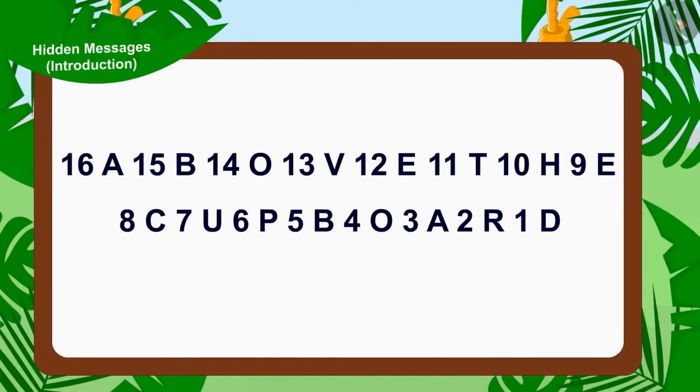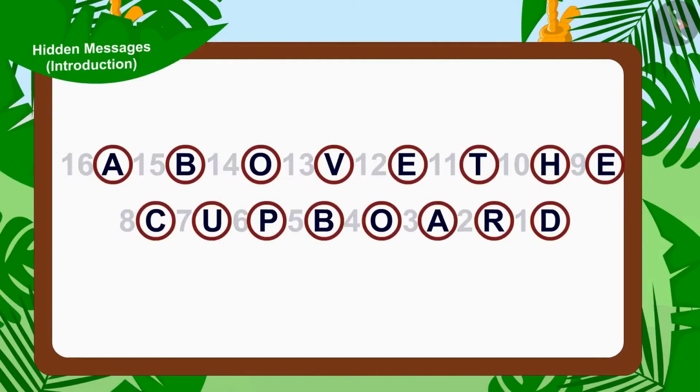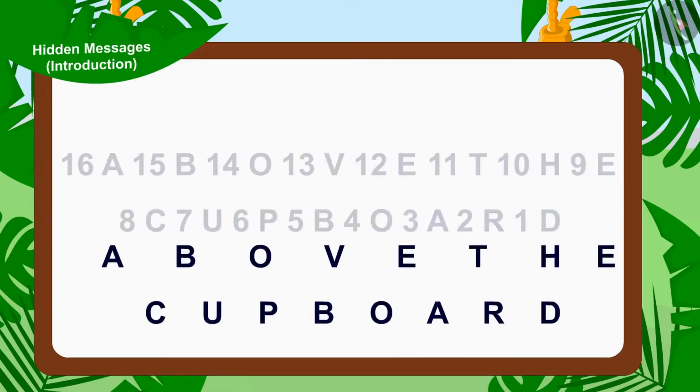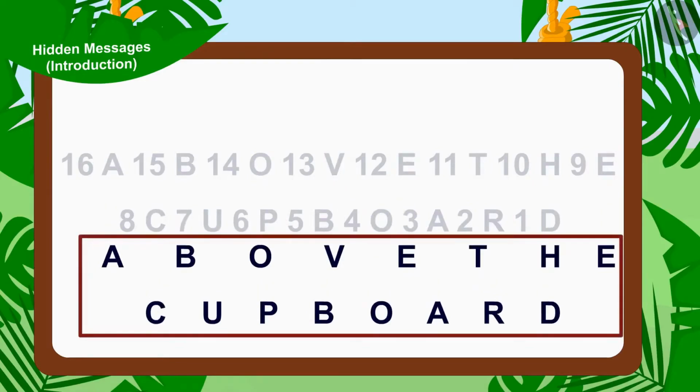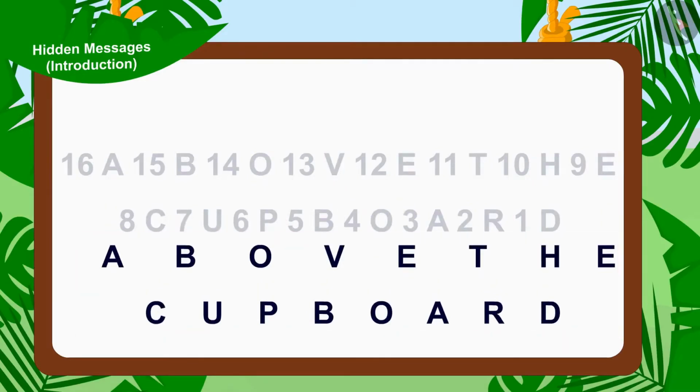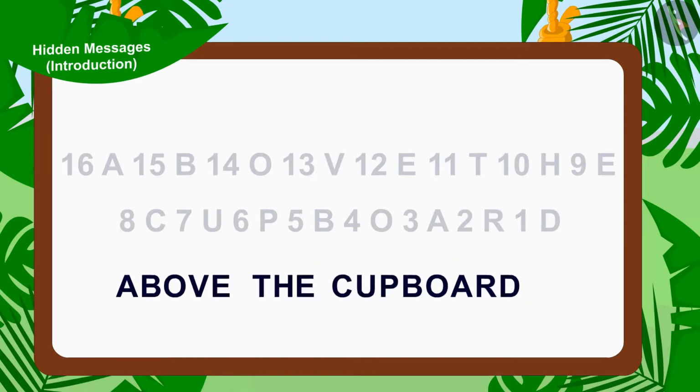Now, let us take a look at the alphabets. If we write the alphabets separately, we will find this written. Now, were you able to find the second hidden message through these alphabets? Yes, the hidden message here is about the cupboard.